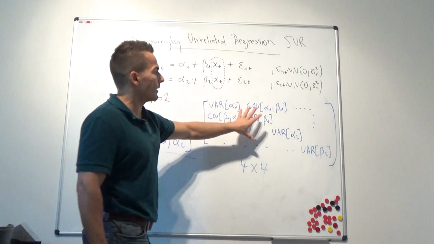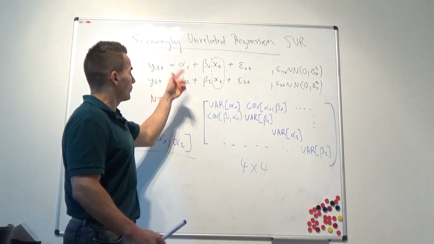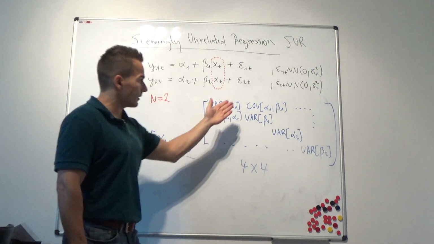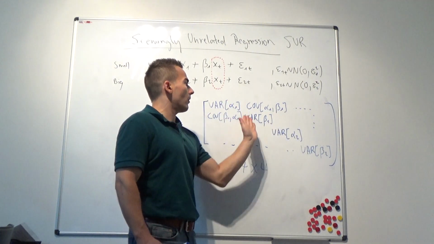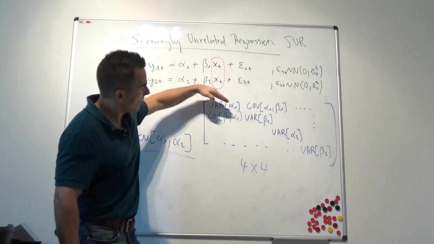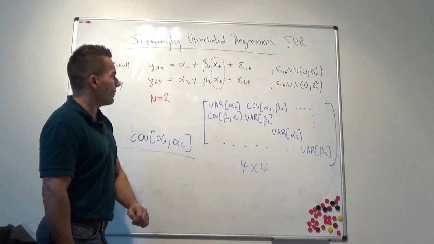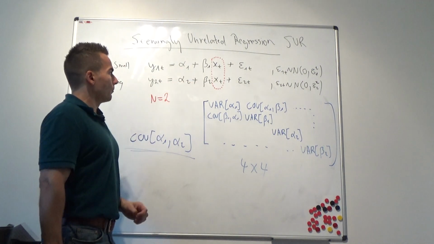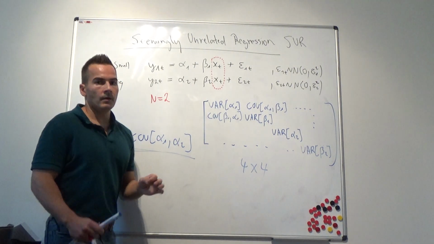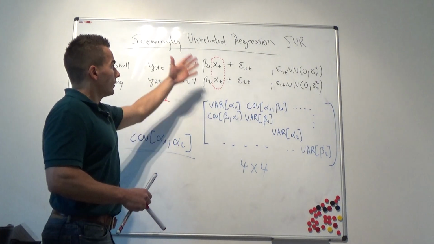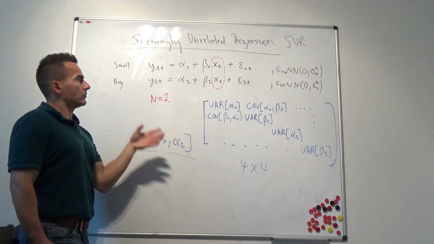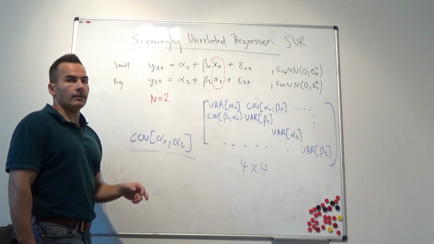Because the covariance matrix of this model is much bigger, and it has a lot of covariances above and below the main diagonal, whereas on the main diagonal we have the variances of our point estimators. So that's the reason why we have to have this multivariate or multiple equation model, and why we have to test those jointly.